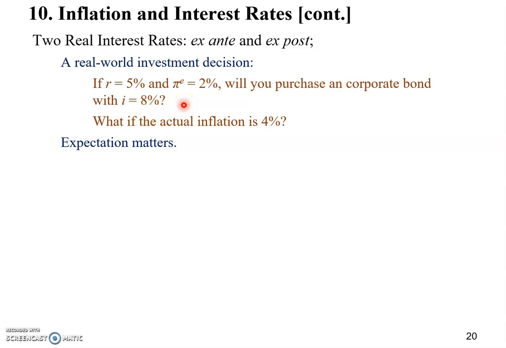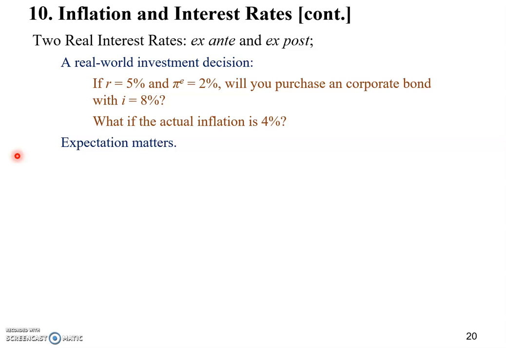So you're going to walk away from this. You're not going to purchase the corporate bond, right? However, because you hold a relatively lower expected inflation than the actual one, that's why you did not make the right investment decision, okay? So here, we find the expected inflation is the crucial factor.